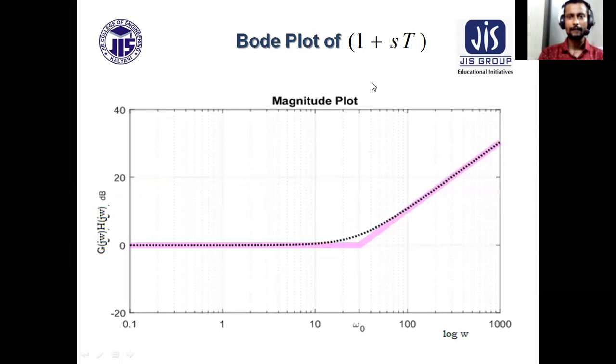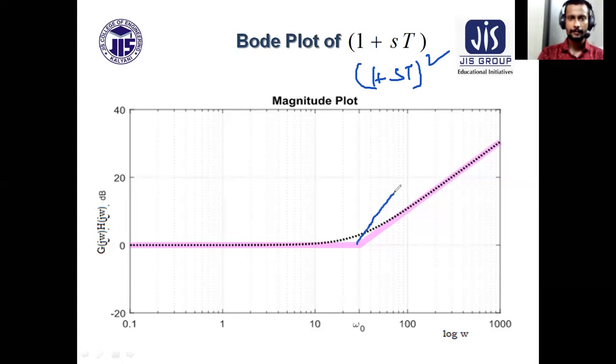Now suppose you are asked to get Bode plot of 1 plus st whole square term. If you are asked to get Bode plot of this whole square term, then this slope will be plus 40 dB per decade.